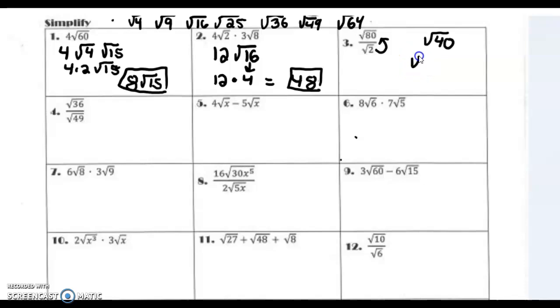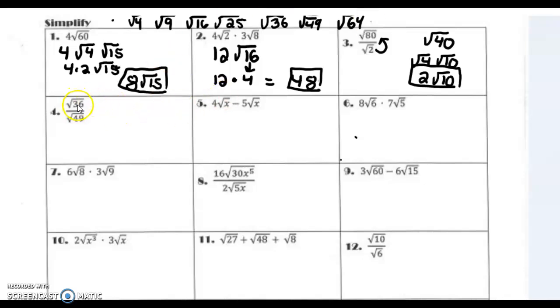So we're going to break down 40 with a 4 and a 10. And the square root of 4 would be 2 radical 10.